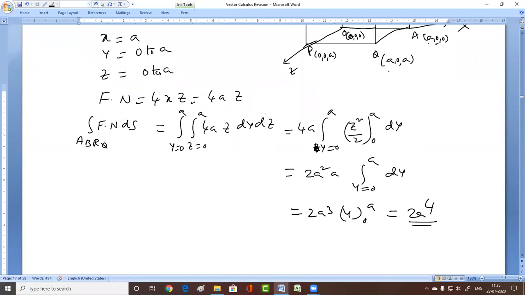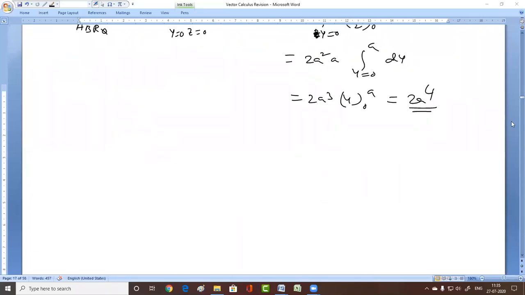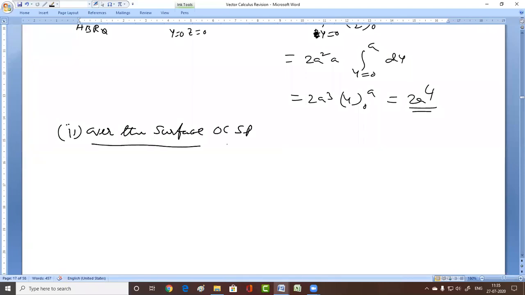In a similar way, I will take the remaining 5 surfaces. Next surface is OCSP. Now, second surface, over the surface OCSP. Now what is n, what is x, what is y, what is z?